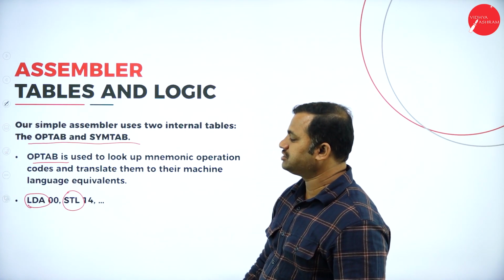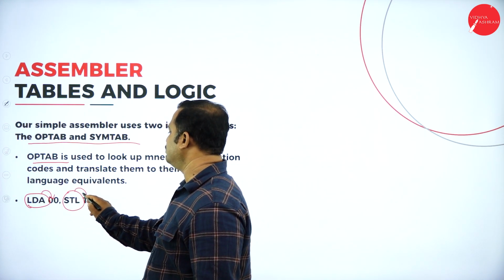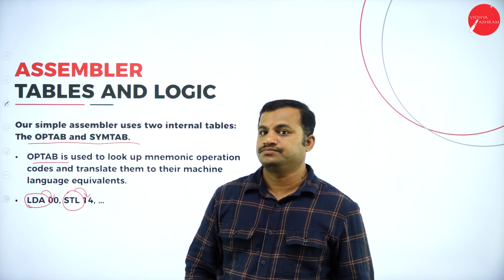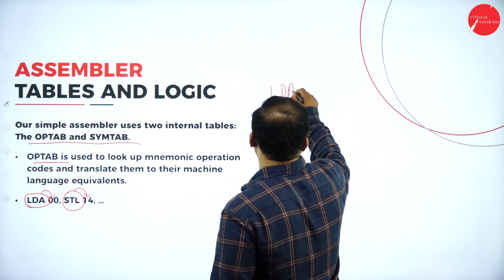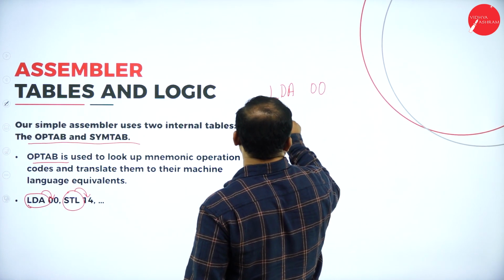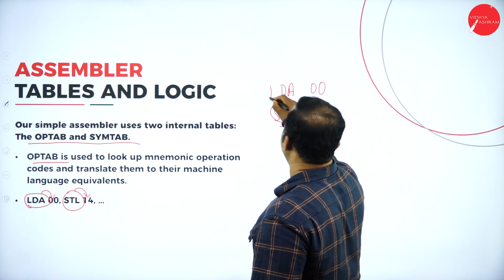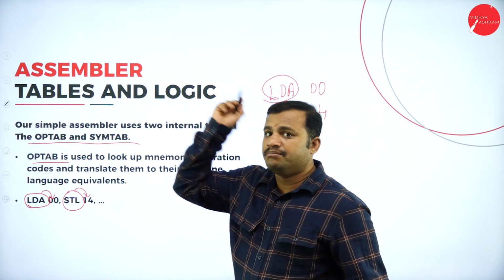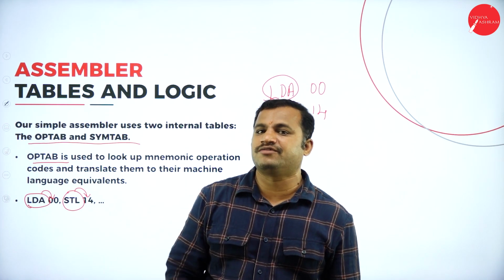Such information is stored along with their mnemonic values, that is, numeric values. LDA has the equivalent 0, 0, 0, 0. STL is 14. So I can't keep this LDA, STL as it is in the machine language program. Everything must be converted into its equivalent zeros and ones.